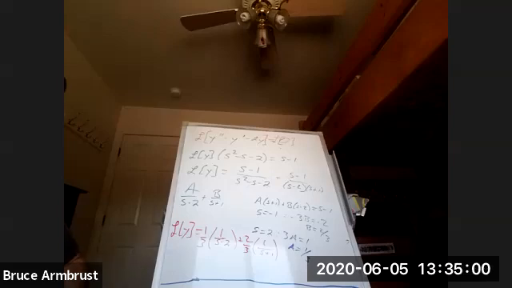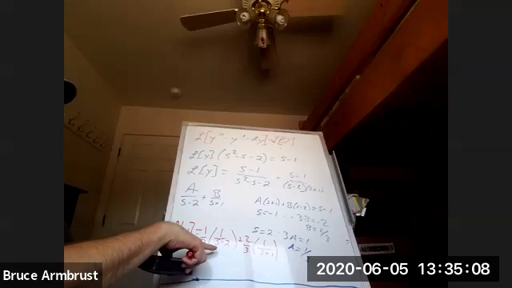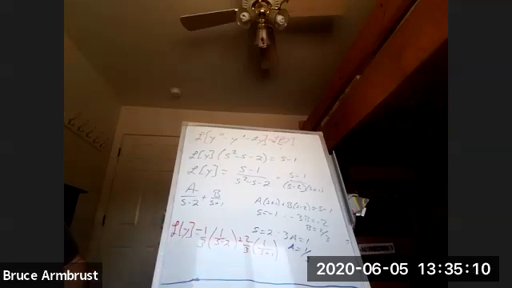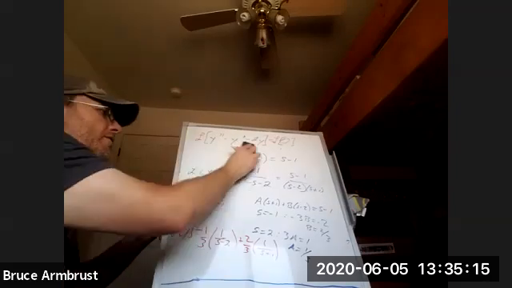All right, so now let's go backwards. We need to think about what function gives us a Laplace transform of, say, 1 over s minus 2. What gives us 1 over s plus 1? So we can use our chart.